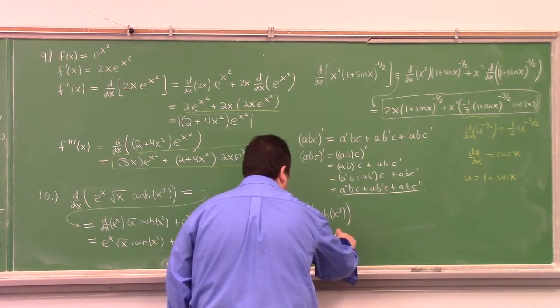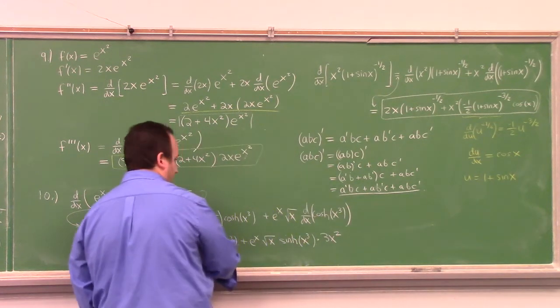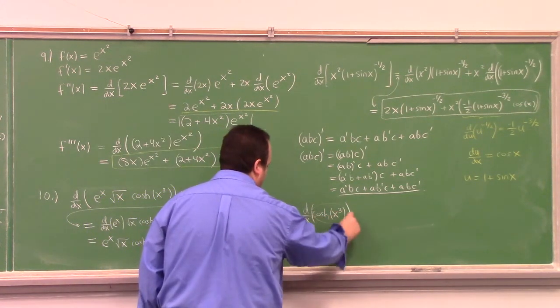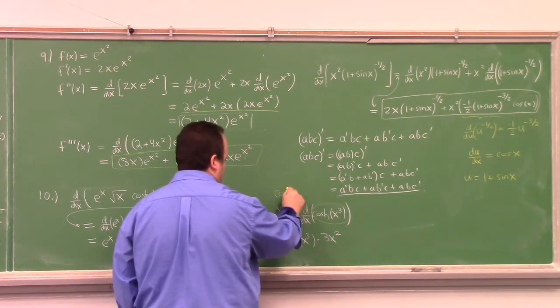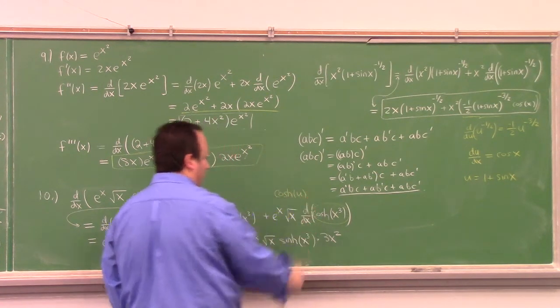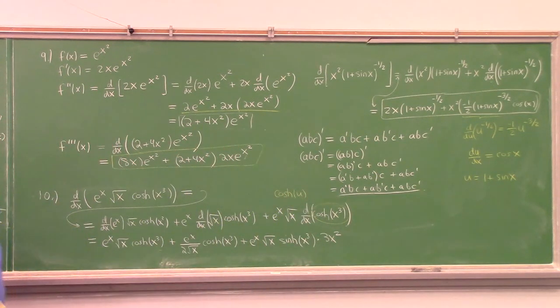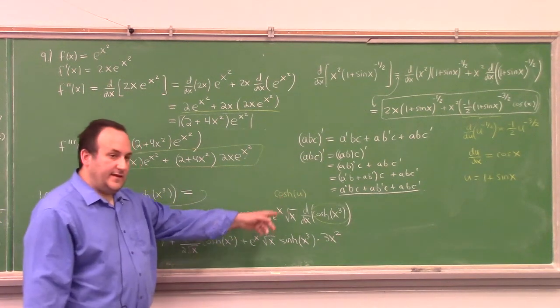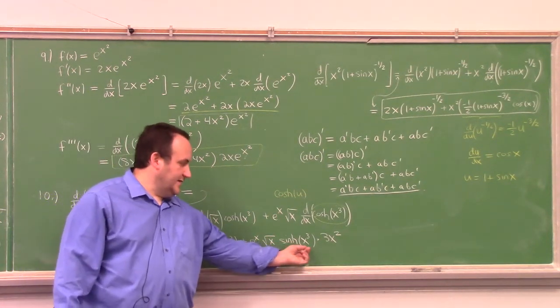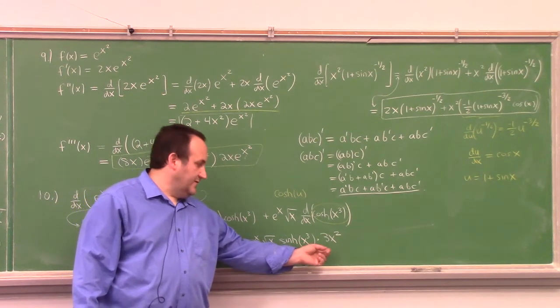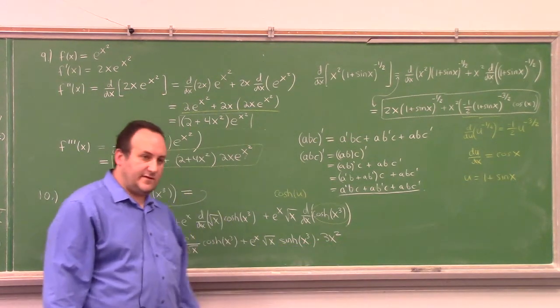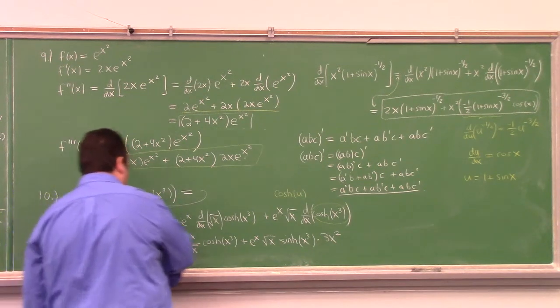Now, where did that 3x squared come from? I'm looking at that last term as cosh of u, where u is equal to x cubed, right? So when I differentiate hyperbolic cosine, I get hyperbolic sine evaluated at the inside function times the derivative of the inside function, which here is 3x squared. And there you go. That's it.